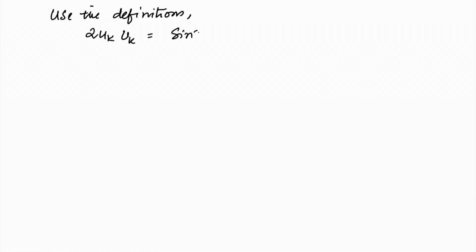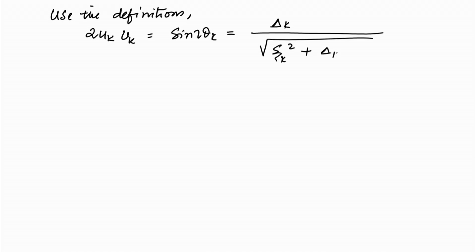Now, if we use the definitions that 2 u_k v_k, which is equal to sin 2 theta_k, is equal to delta_k divided by root over xi_k squared plus delta_k squared.